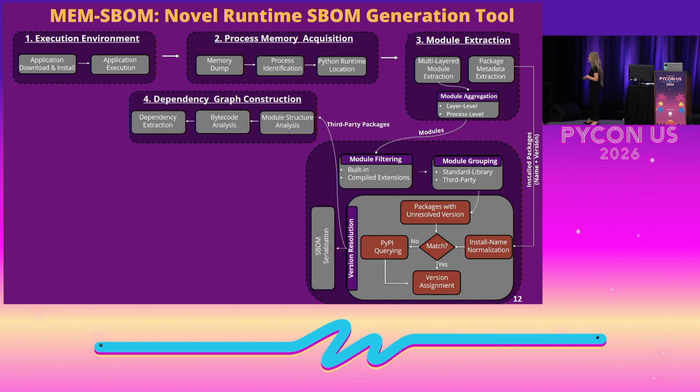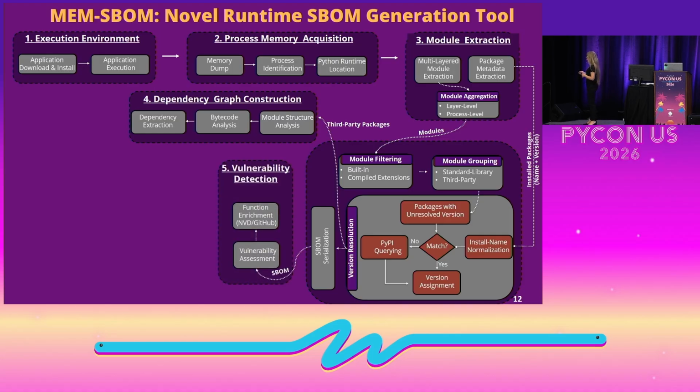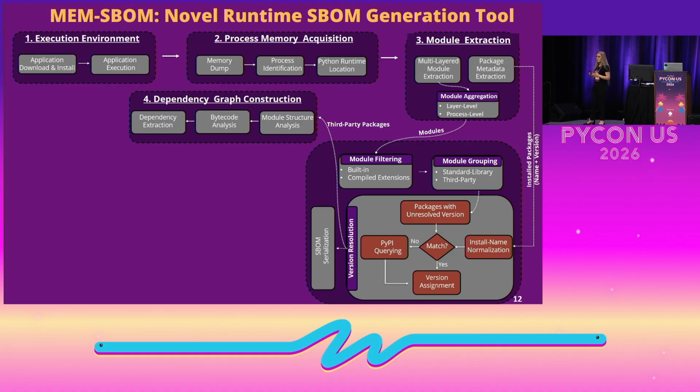After that, we use the CycloneDX standard to write the SBOM as a JSON file. But before that, SBOM is not just, as I said, the packages and their versions, it also tells how they rely on each other, right? So how can we identify the relationships, or the transitive relationships, between the modules?